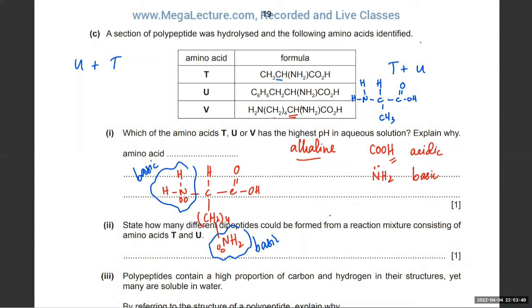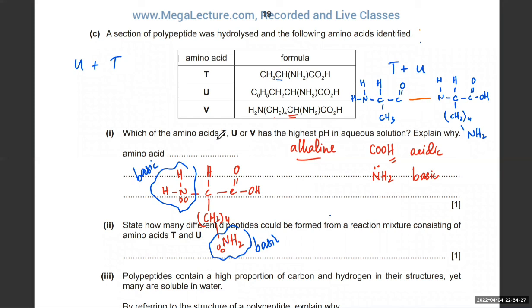It's the same structure: a double bond O and OH, an H, and an NH2. And at the bottom there is CH2 4 times, and then there is an NH2. So what will happen is that the H and the OH will go in the middle, and a linkage will be formed over here. That's your dipeptide. So that's one dipeptide.